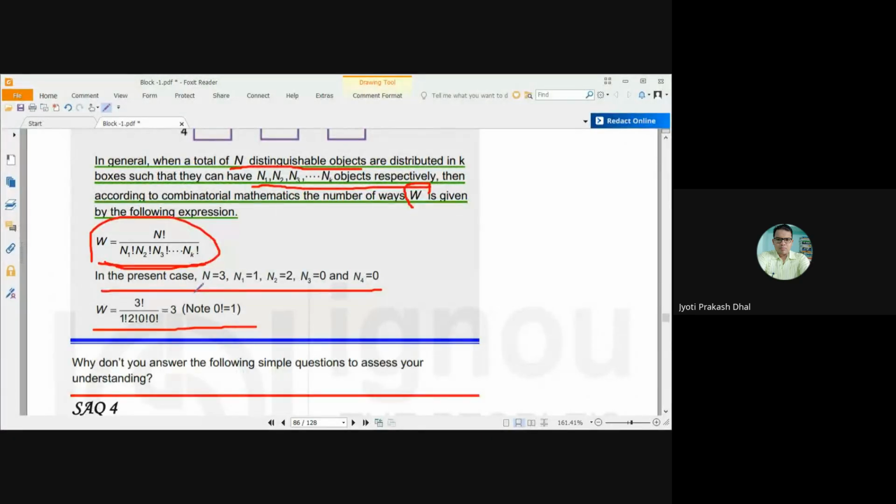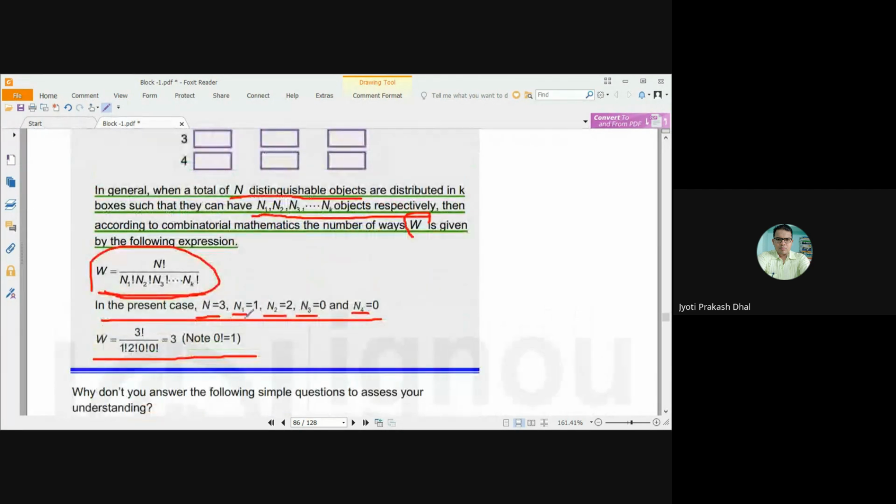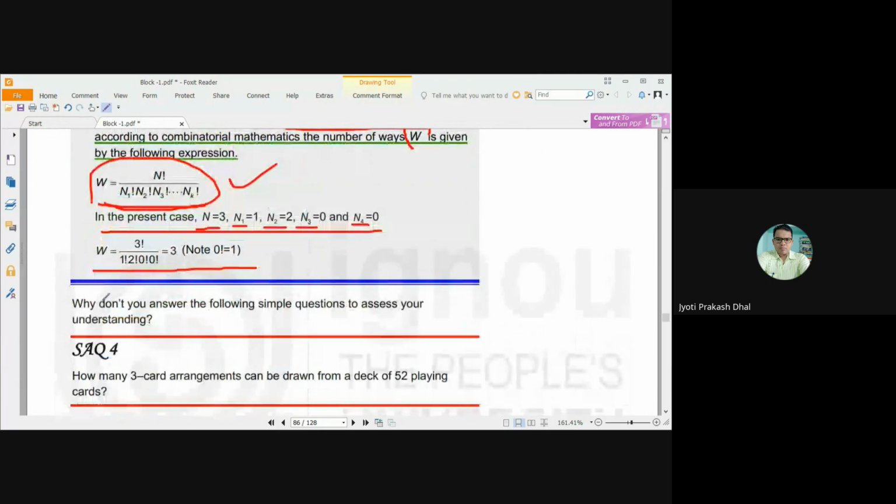So in the present case, n equals 3, n1 equals 1, n2 equals 2, n3 equals 0, n4 equals 0. So W equals 3 factorial divided by 1 factorial into 2 factorial into 0 factorial into 0 factorial. And you should know that 0 factorial is 1. So that is equal to 3.